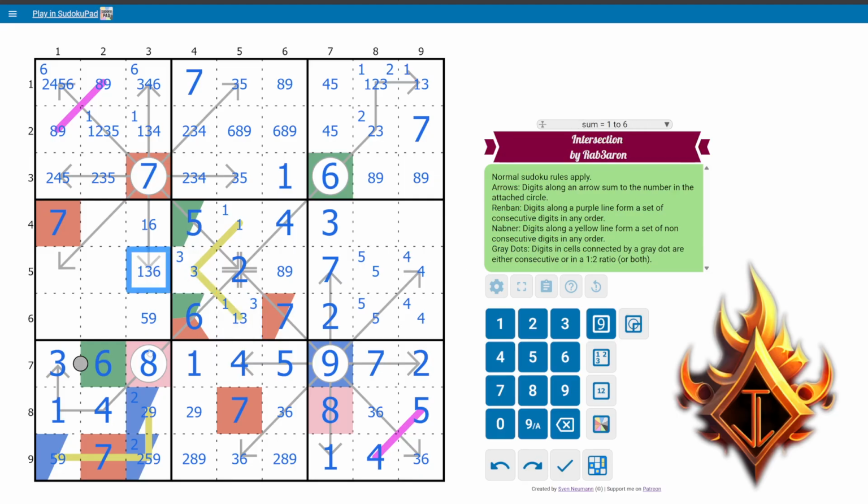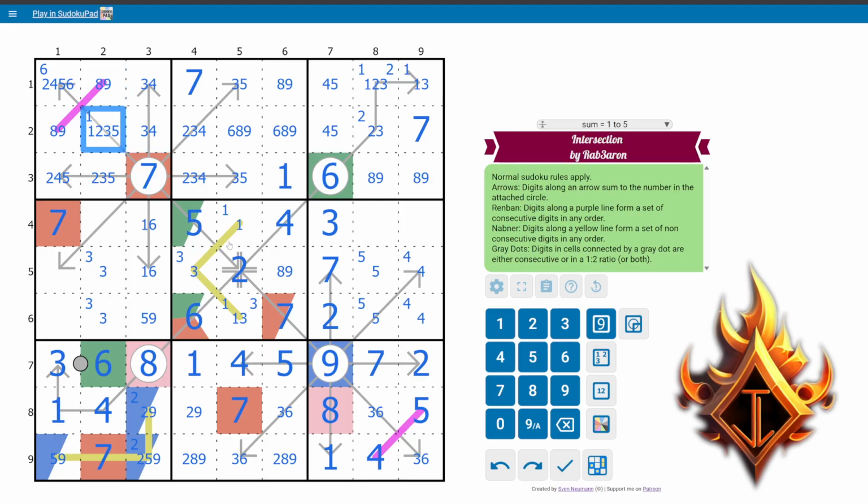Okay, this should get a 3 removed. Three cannot go here. 3 is in one of these. And now 3 4 has to be up here.